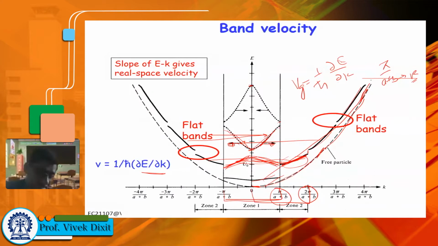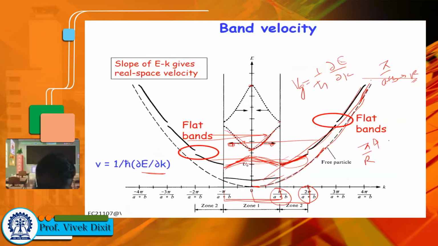Correct? Physically, it is actually a mathematical representation of a physical thing. See, let's say there is a wave vector π/r, where r = a + b. You give energy to it, what will happen? It will increase, right?